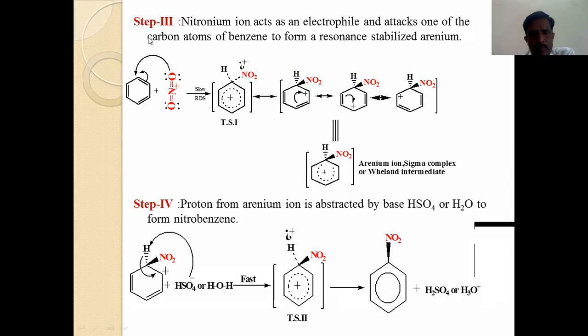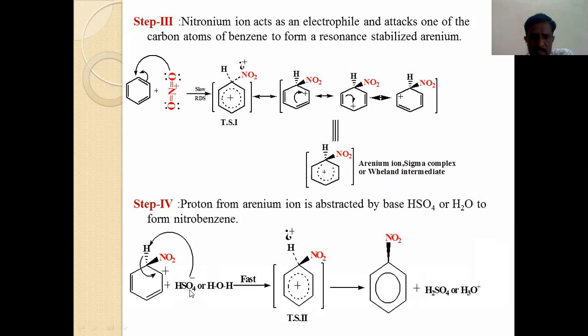Now if we shift to step 4, in the last step there is an elimination of a proton from this arenium ion, which is abstracted by the base HSO4-, which was formed in step first, and there is a formation of nitrobenzene. This Wheland complex or arenium ion reacts with HSO4-.